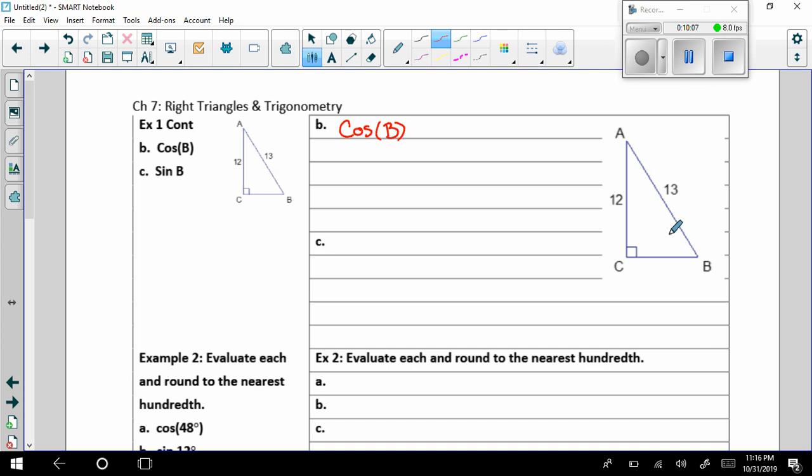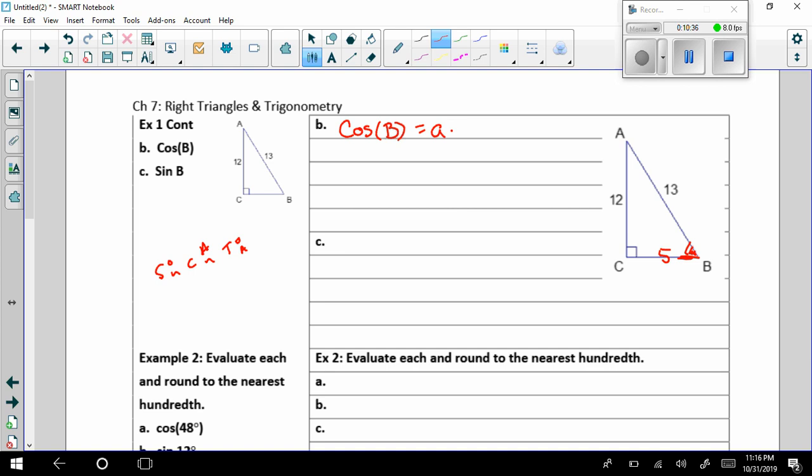All right, so looking at cosine of b, same triangle here, so this is a 5. But this is your angle of interest. So cosine, if you look at your SOHCAHTOA, then the adjacent is the 5.